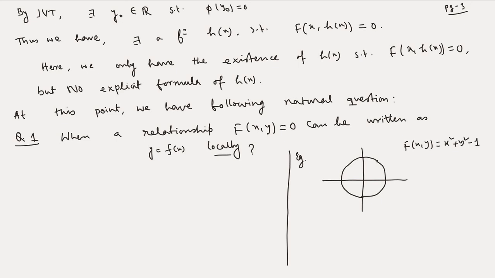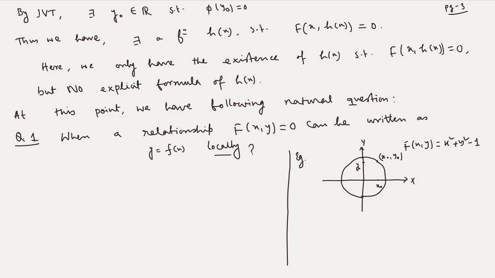Suppose here we consider x naught y naught, a point in R2 such that f of x naught y naught is equal to 0. This is the x axis, this is the y axis. So consider y naught greater than 0. So here we have the point x naught, and this is point y naught.